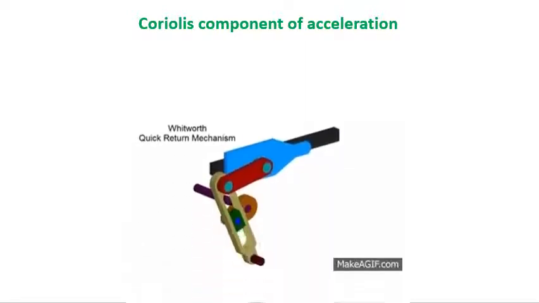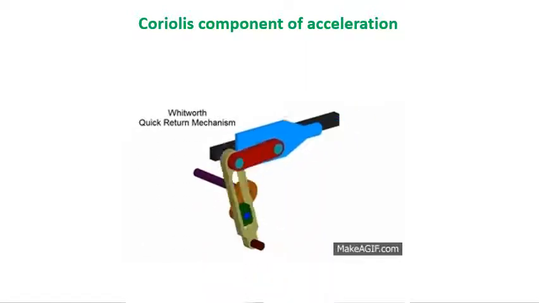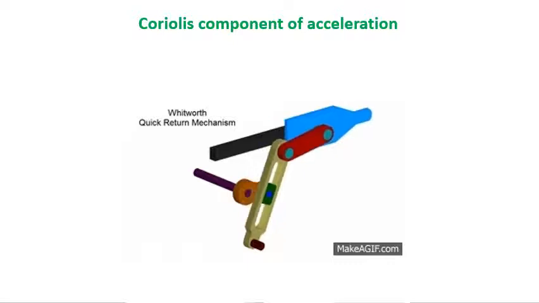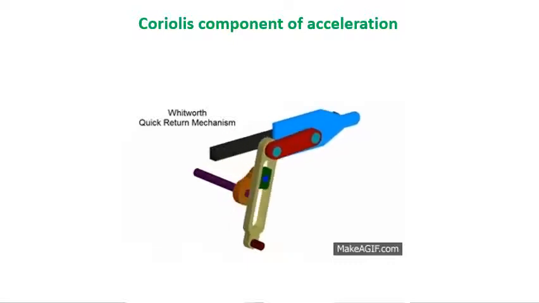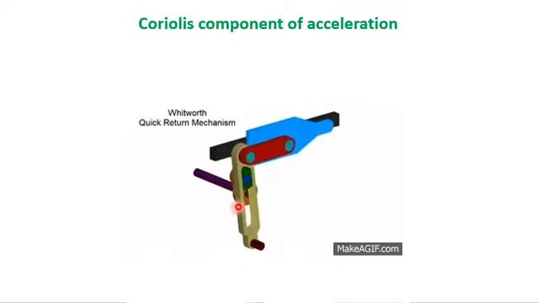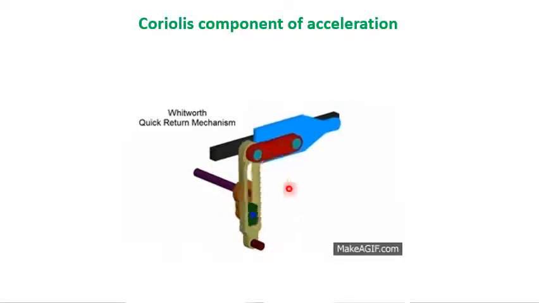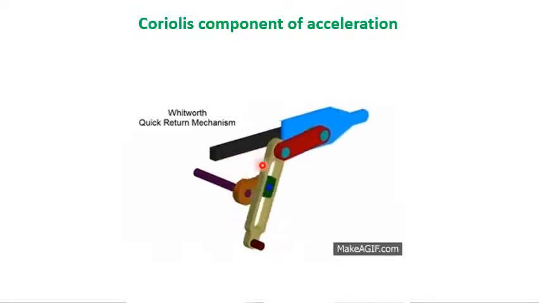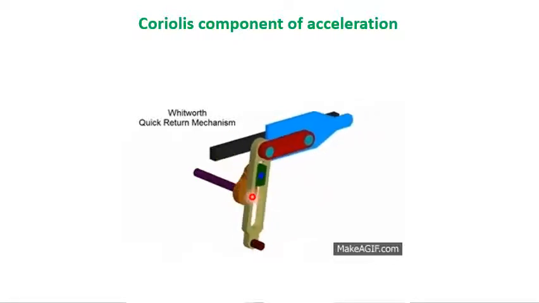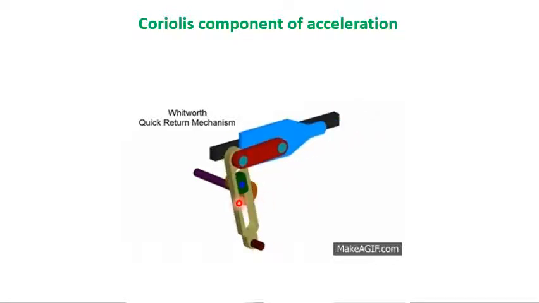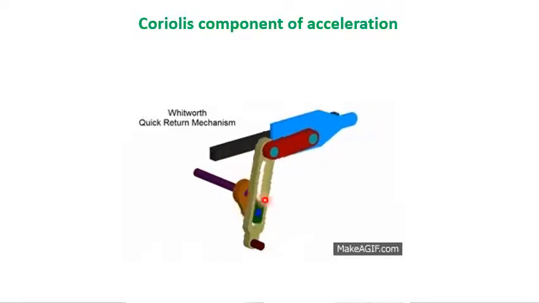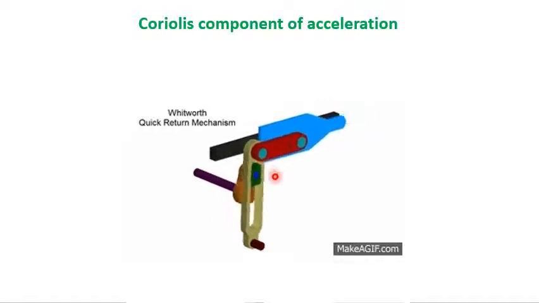If you see this quick return motion mechanism, look at the motion of the slider inside the slotted lever. It is not only having sliding motion, but also rotational motion.